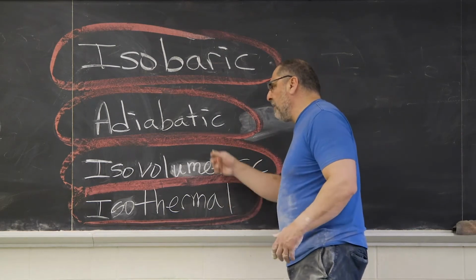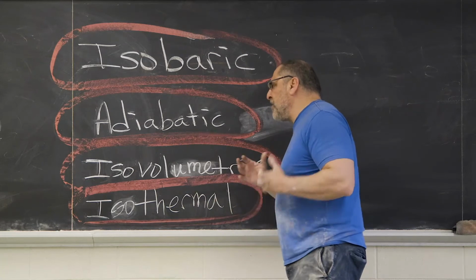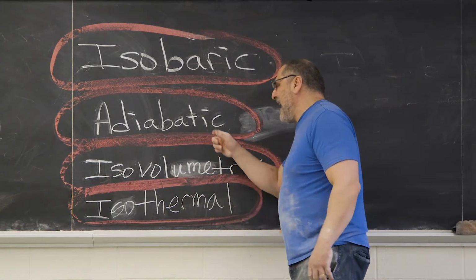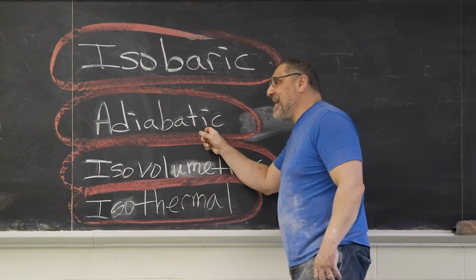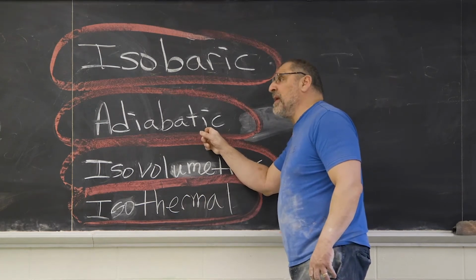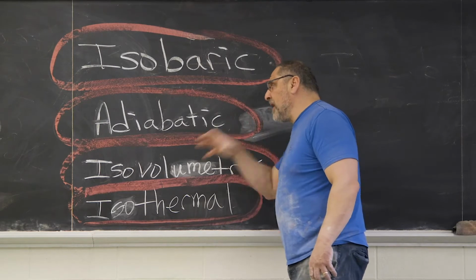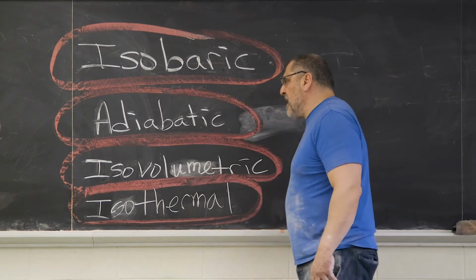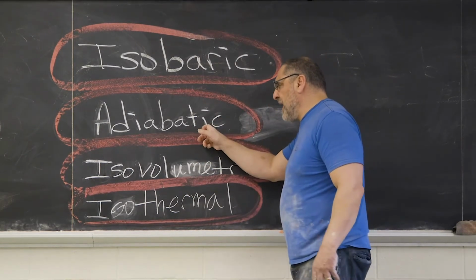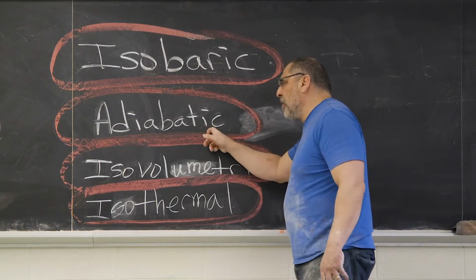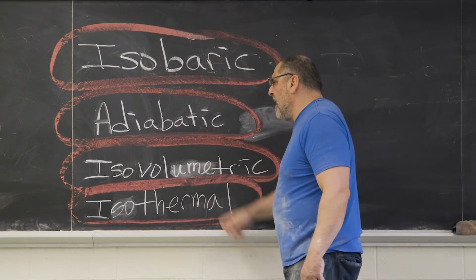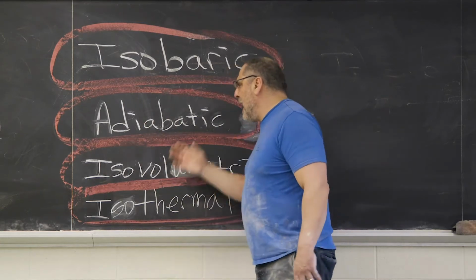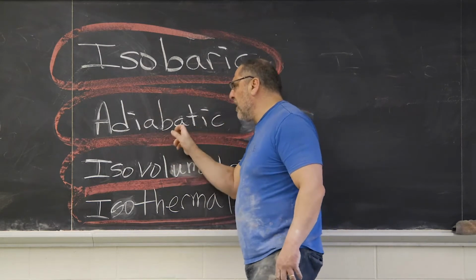Any change in internal energy is not going to be a result of heat going in or out. Only the work you do to something is going to change the internal energy in an adiabatic process. So there is no Q transfer. Q equals 0 in an adiabatic process. Adiabatic, nothing is being transferred, is what it means.